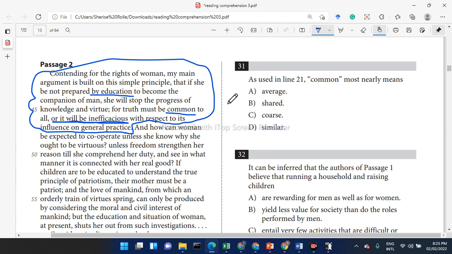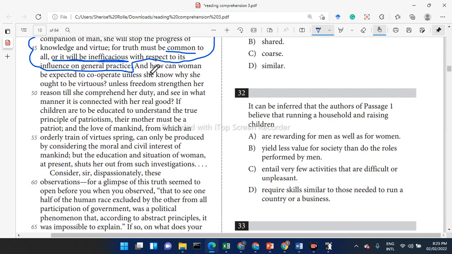And then she says, and how can a woman be expected to cooperate unless she knows what? Why she ought to be virtuous. So she's saying, hey, you have to educate them. You can't hold education from them, right?